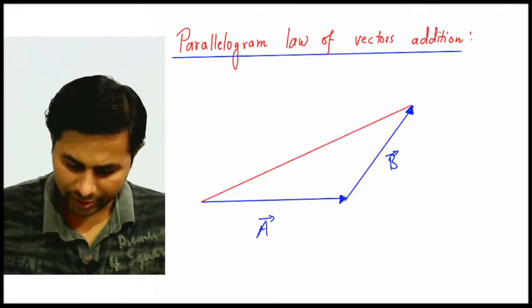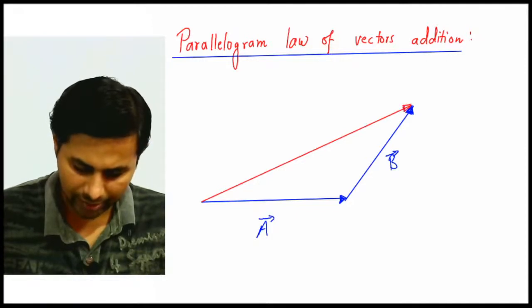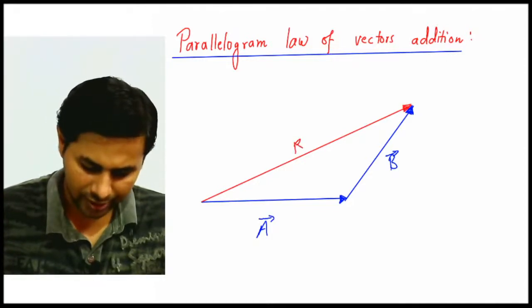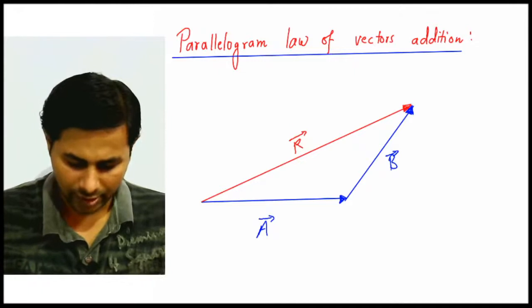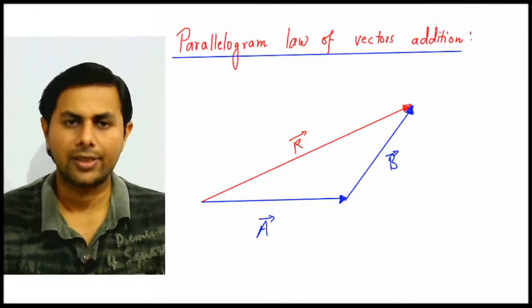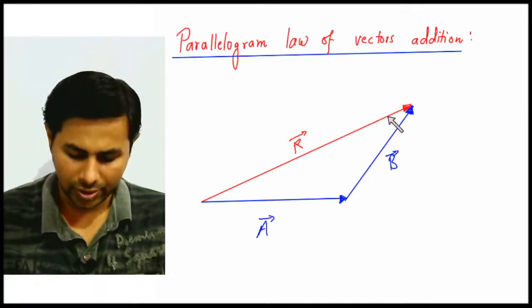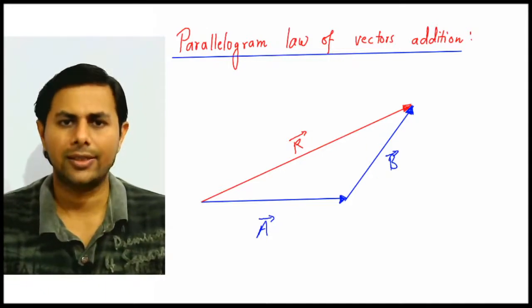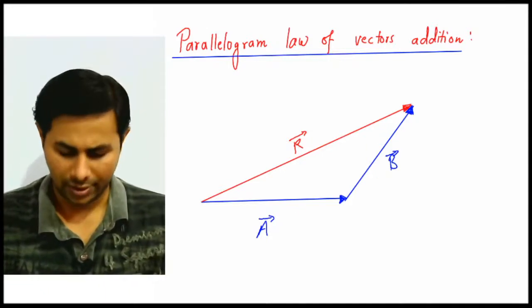So this is resultant of a bar and b bar. Let's suppose this is r bar. Because these three vectors make a triangle, this rule of addition we call the triangle law of vectors addition.